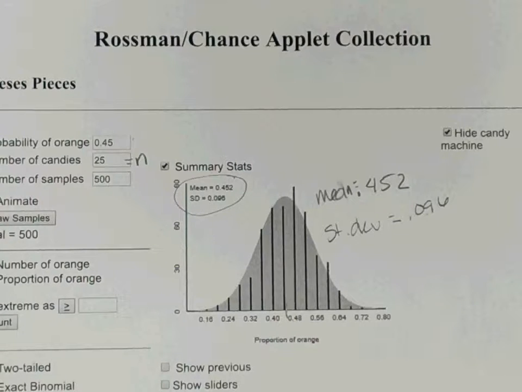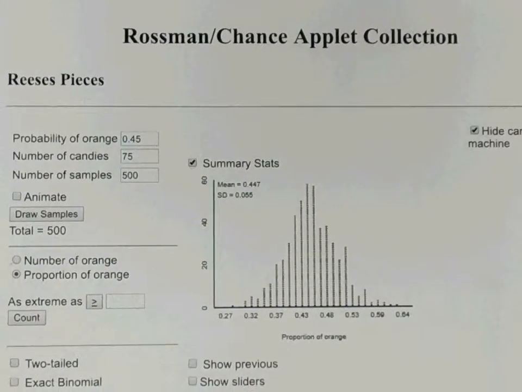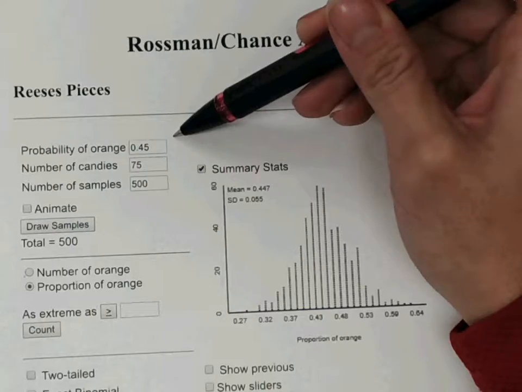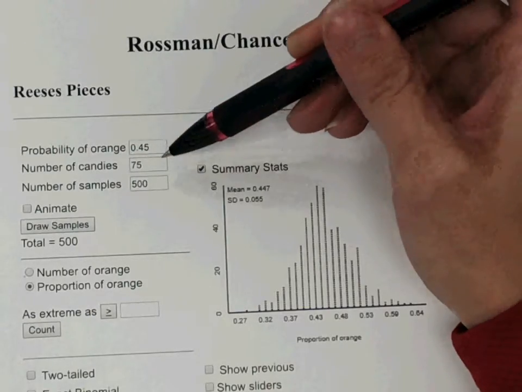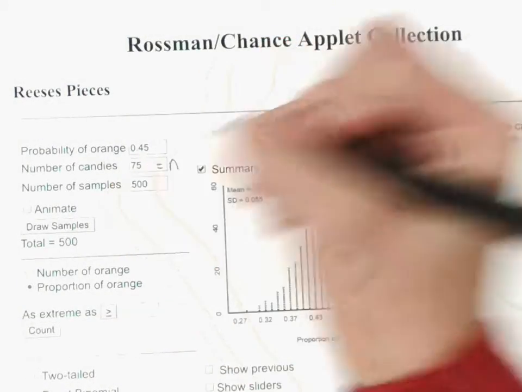Okay, so having that thought in your mind, let's go ahead and look and see what my graph and everything looks like when I've got a sample size of 75. So here, my probability of orange is still 0.45. The number of candies, in this case, is now 75. Remember, your sample size is n.